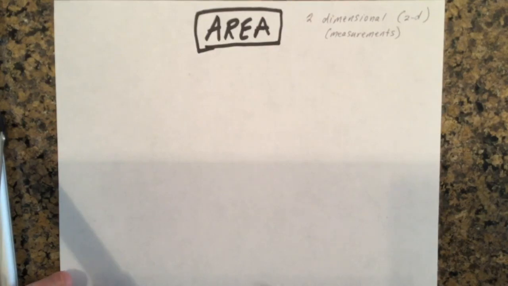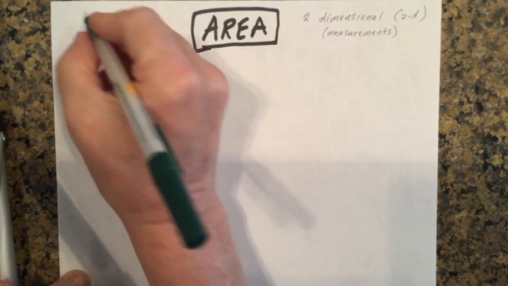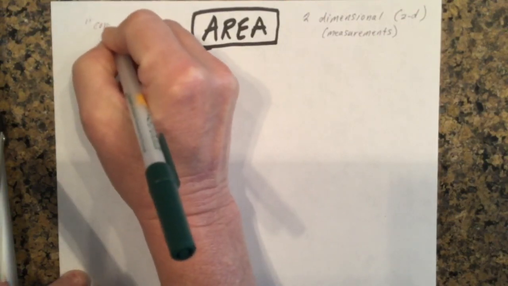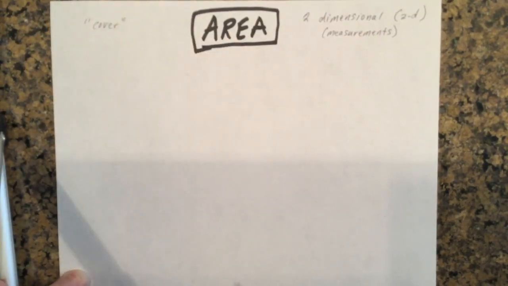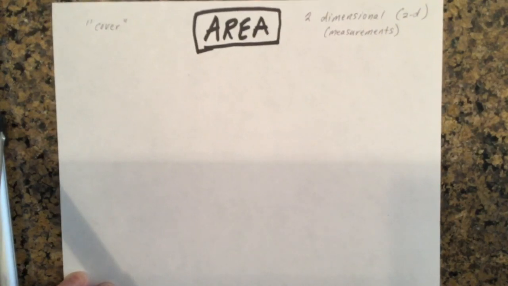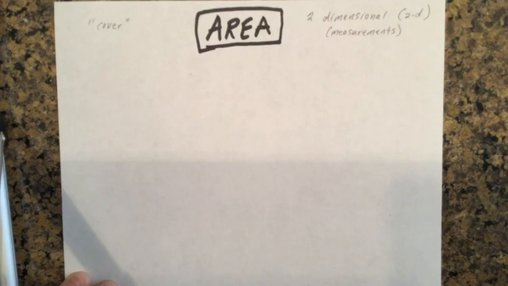We talked about outside that one of the key words for area is cover. So if we're trying to cover an area, that would be a key word for that. If you've heard of an area rug, an area rug covers a certain portion of your floor.